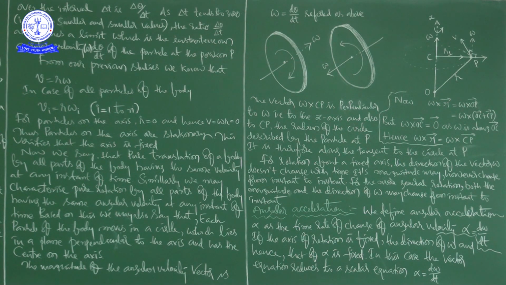So, based on this, I will repeat once again, here he is comparing pure translational and pure rotational motion, right? In pure translational motion, as we discussed in the chapter on motion in a straight line, all parts of the body have the same velocity at any instant of time. Similarly, in pure rotational motion, all parts of the body have the same angular velocity at any instant of time.